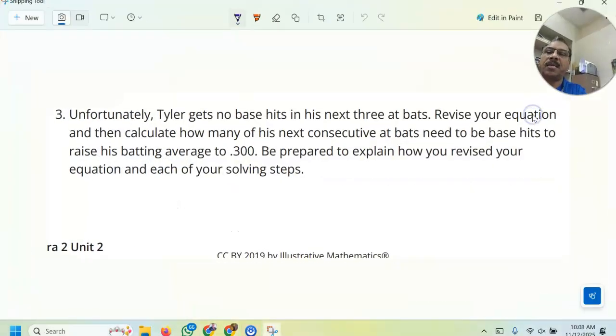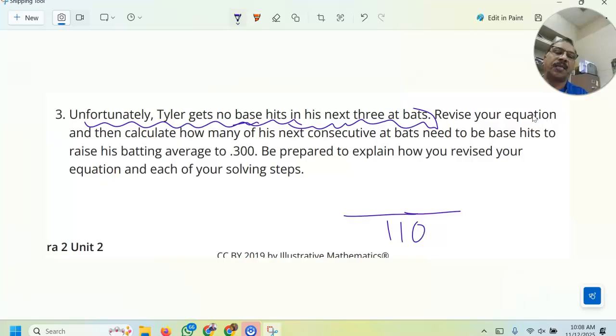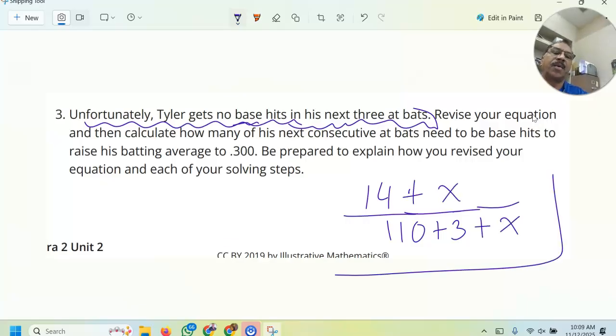This one says, unfortunately, he gets no hits in the next three bats. It means in the beginning it was 11 plus what was the 14, right? So that means I add plus 3 here. So he doesn't get hits. And now I have to put x and plus. So this is the beautiful form.